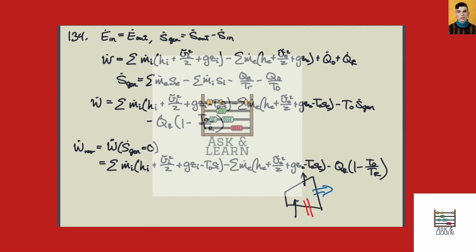Which way did I put positive? I think I put positive as in, and then some other heat transfer from the surroundings. So again, basically there's two here. We don't know, this may be in or out, and this may be in or out. But we're going to eliminate this guy. So this would be W dot, and this would be Q dot R and Q dot naught.